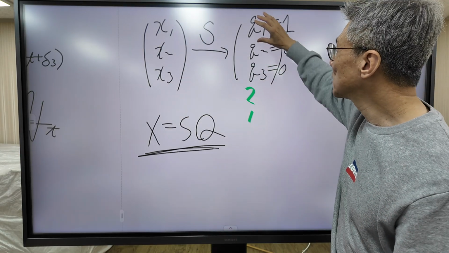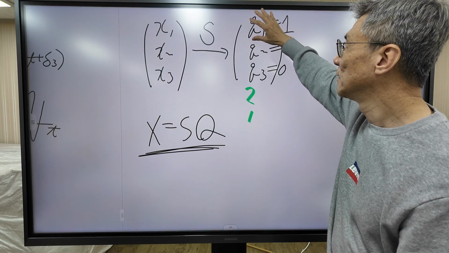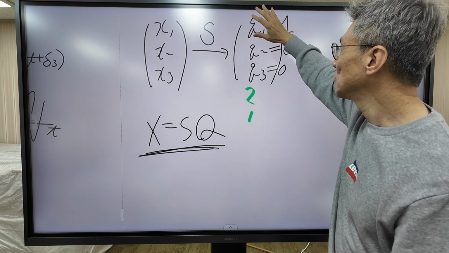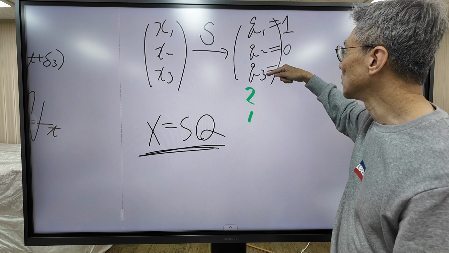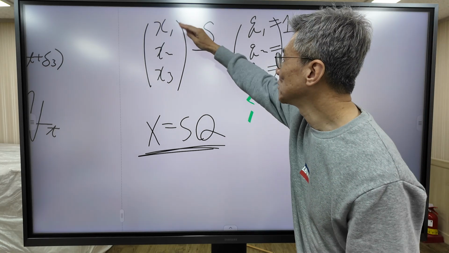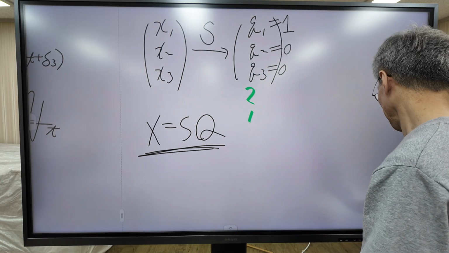And what happens to x1, x2, x3? To understand the physical meaning of Q1, I'm going to set Q2 and Q3 to 0, and see what happens to x1, x2, x3.